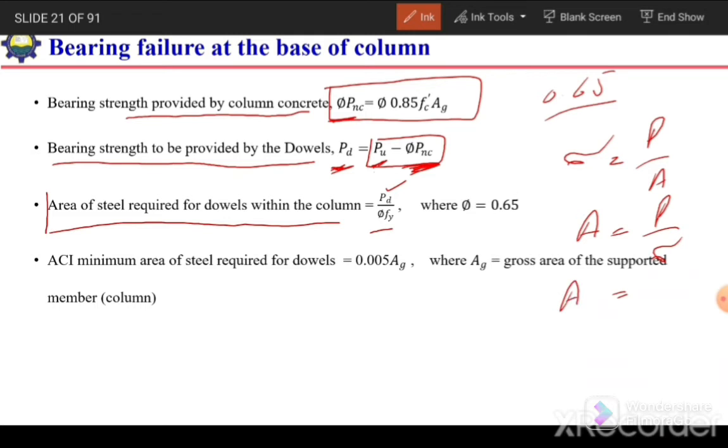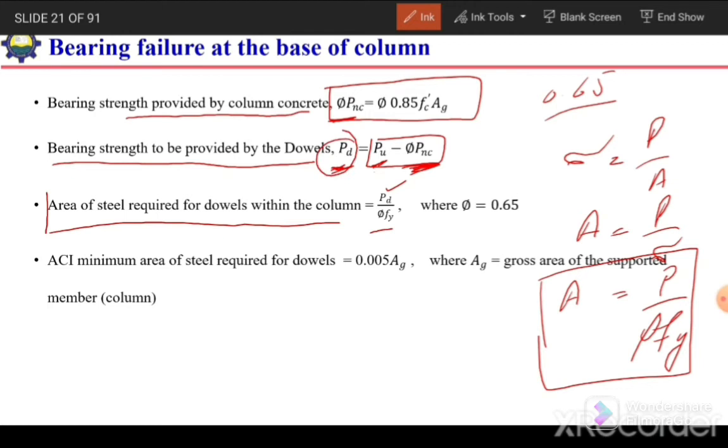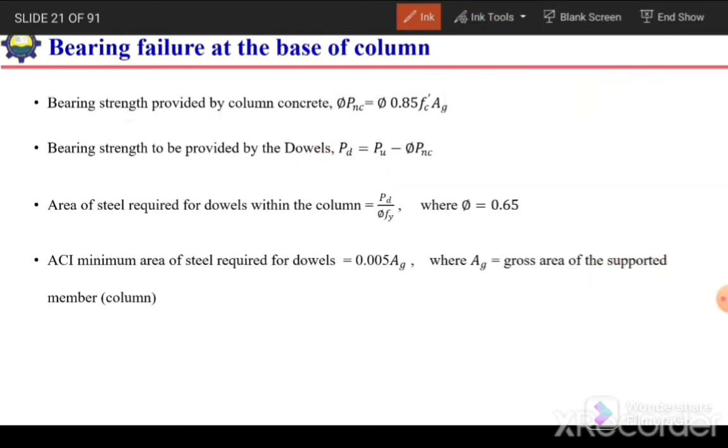So the area required will be equal to the applied load divided by Fy, and we multiply it with the reduction factor phi, which is 0.65. In this way we can calculate the area of steel required to resist the additional load, or the area of dowel reinforcement to resist this PD, the load that must be resisted by the dowels.